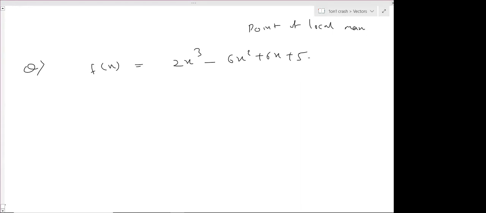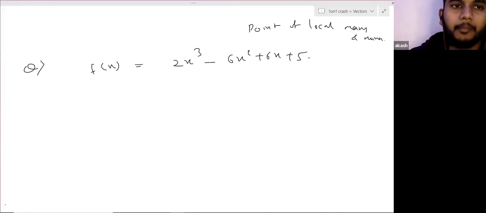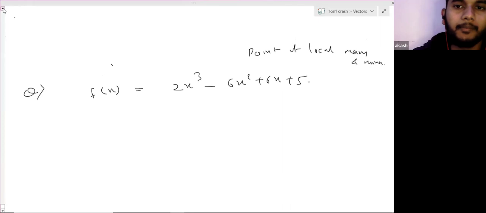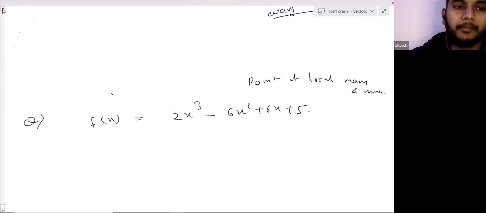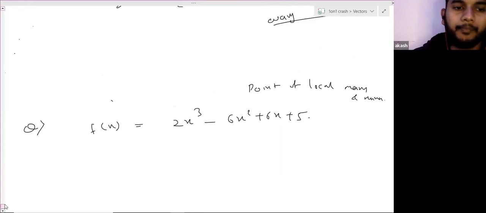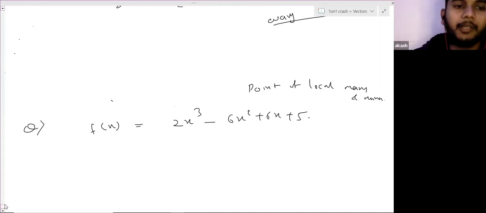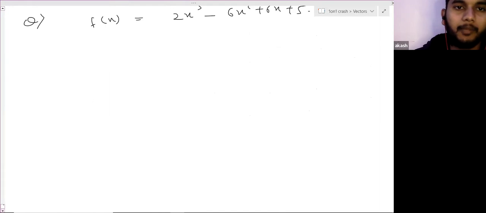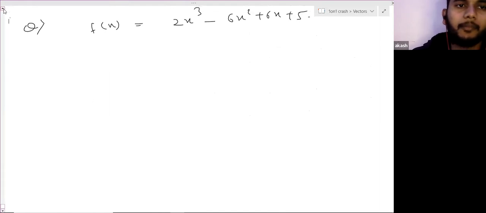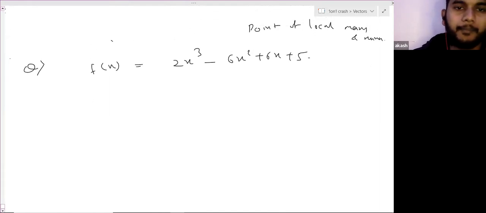So that other question, we wrote the answer. At -1 it was maxima. At 1 it was minima. So that's the answer. If they ask you to find the local maxima value and minima value, then you have to put f of -1 and f of 1.